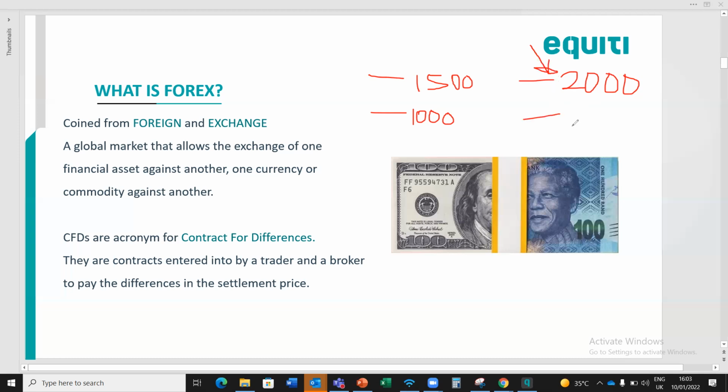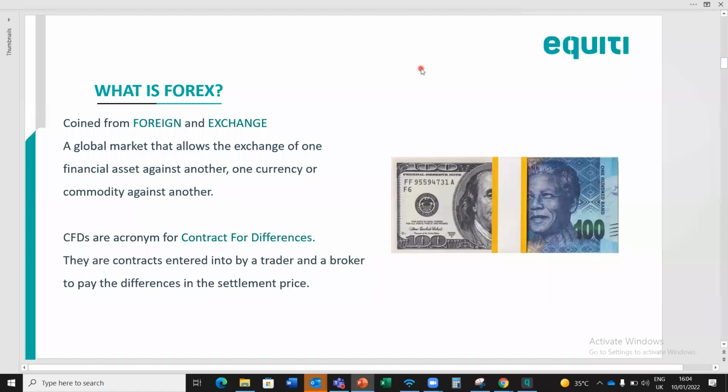So if it depreciates to, let's say, 1,500, your broker is going to pay you the difference from when you took an order to sell rice to where the value of rice currently is, which is still 500. So whenever we talk about CFDs, we simply talk about a contract entered into by a trader and a broker to pay the differences in the settlement prices. That is how simple and easy this could be.